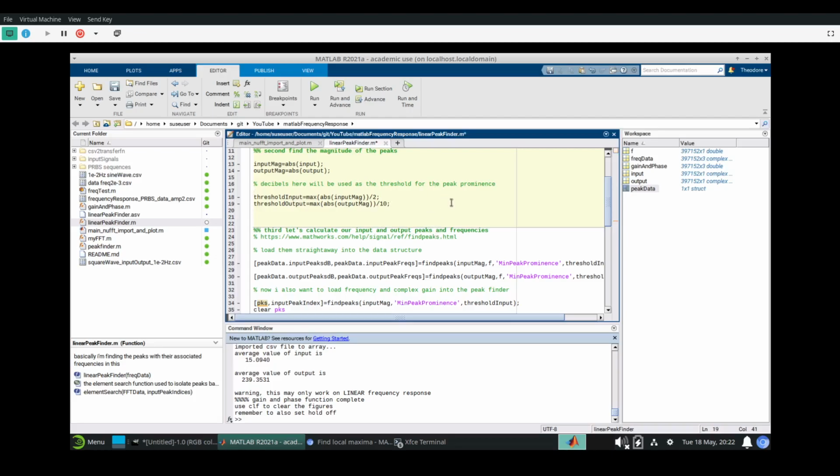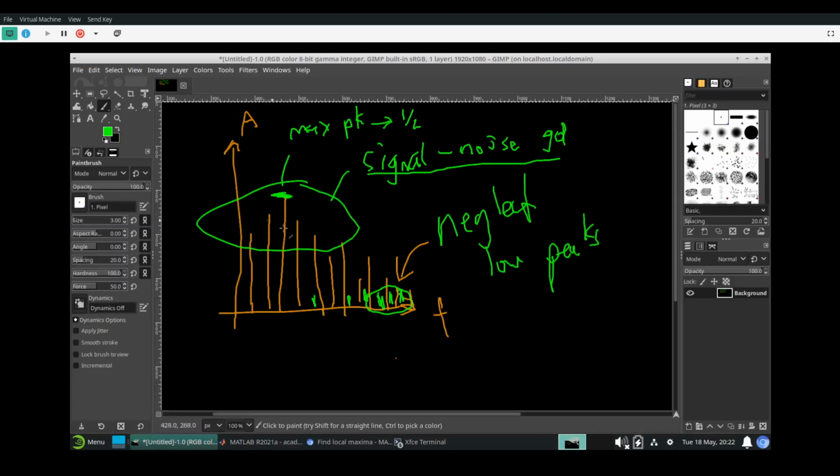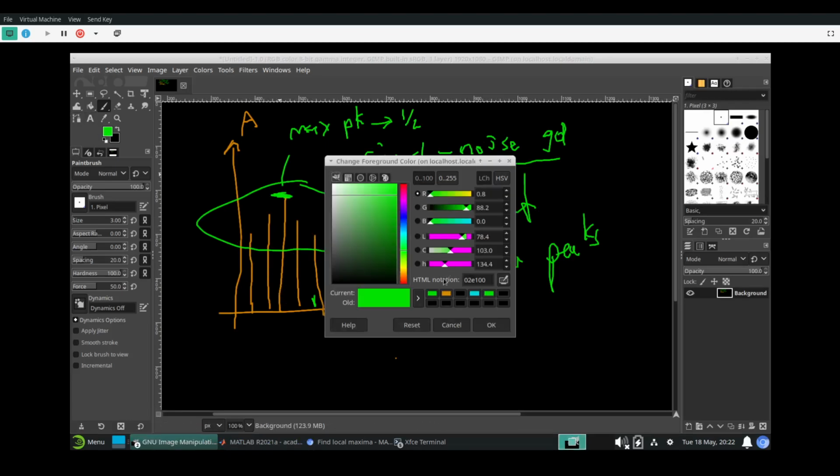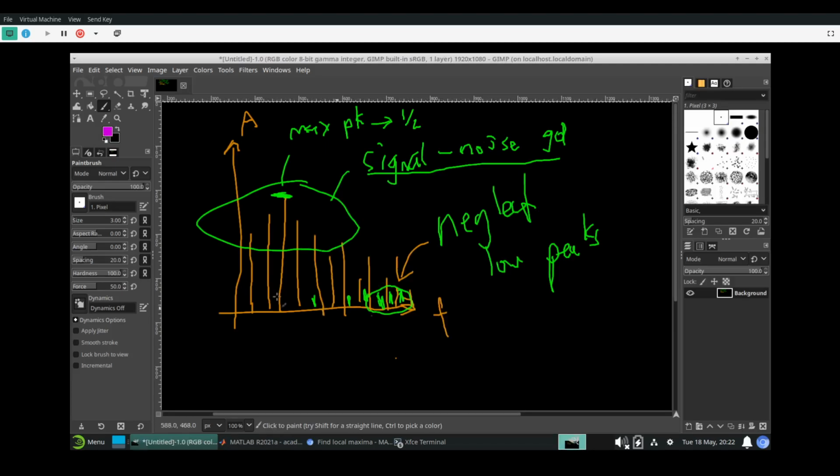Why is that so? Only input peaks are used to filter. Meaning to say, even if the output is something like this purple column here, very small, but the peak here is so high, and yet it results in a very small output, it means that there's a low gain here.